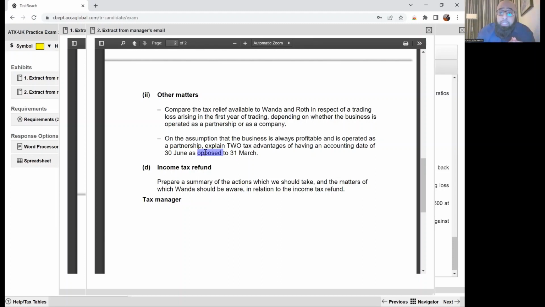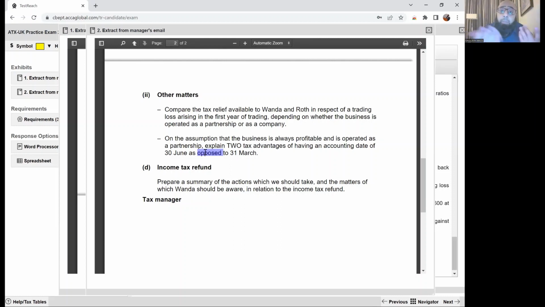You have already studied that in the year end of 31st March, we don't get any overlapping profits. Basis period calculations, opening year calculations, planning of the first year end date. If we go for 31st March year end, there will be no overlapping because we'll be aligned with the tax department. With 30th June year end, you will get overlappings.